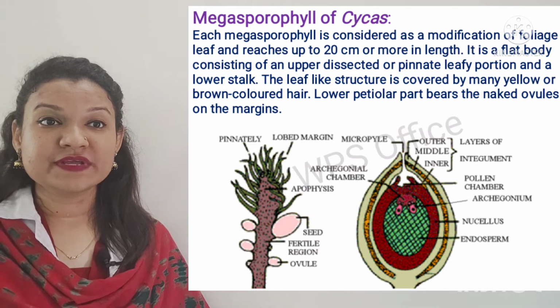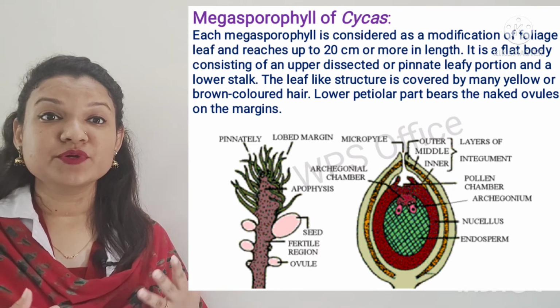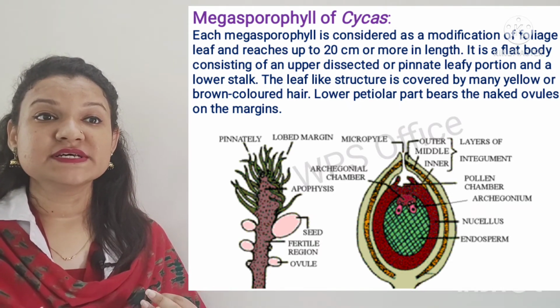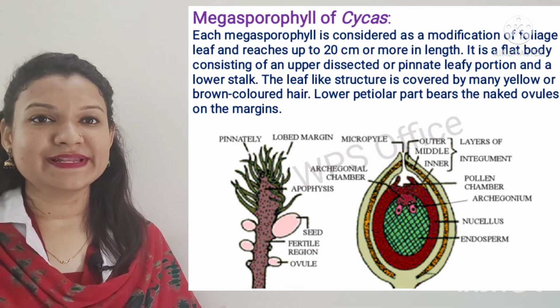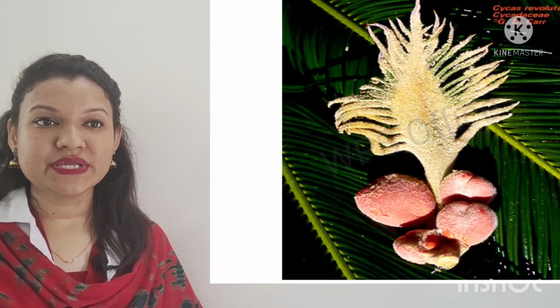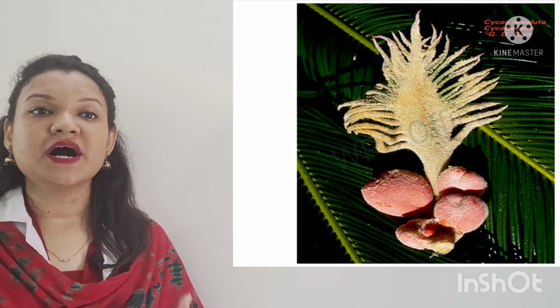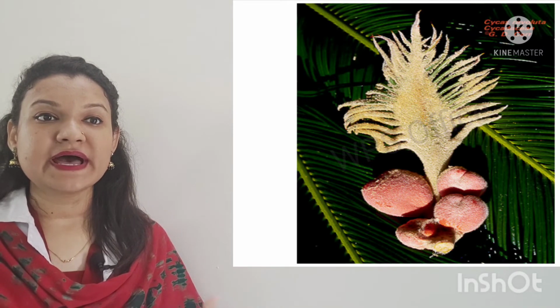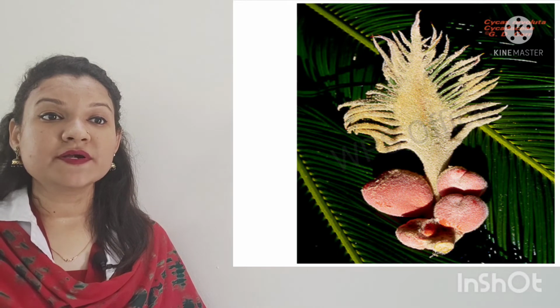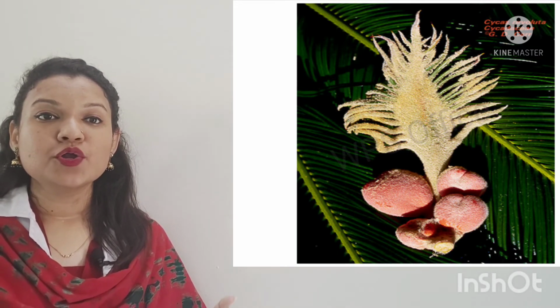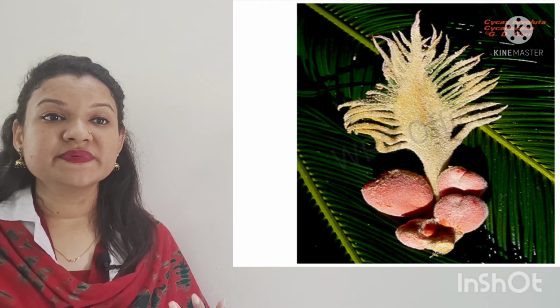Each megasporophyll is considered a modification of a foliage leaf and reaches up to 20 cm or more in length. It is a flat body consisting of an upper dissected or pinnate leafy portion and a lower stalk. The leaf-like structure is covered by many yellow or brown colored hairs. The lower petiolate part bears the naked ovules on the margins.